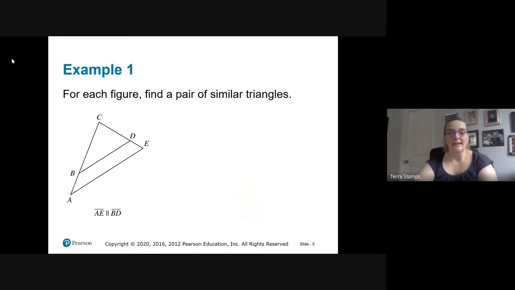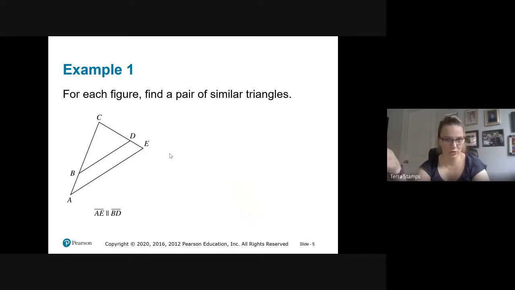All right, let's find a pair of similar triangles. Well, do you see the 2 triangles I'm looking at here? We have BCD and ACE. We're given that AE is parallel to BD. That's going to be important, right? Parallel lines cut by a transversal. We're going to have some corresponding angles. All right, so it looks like angle C is congruent, right?